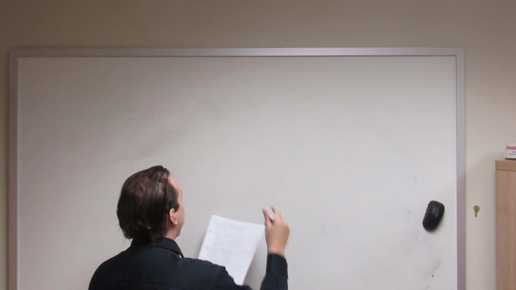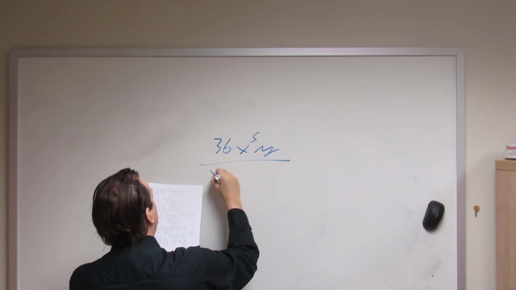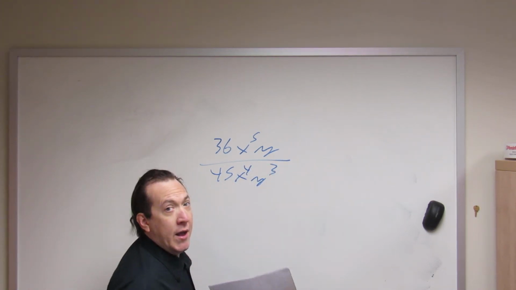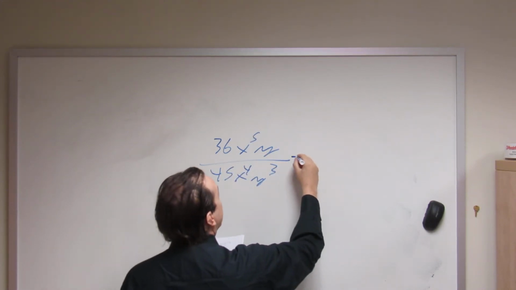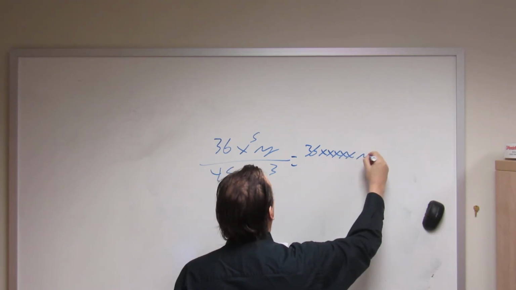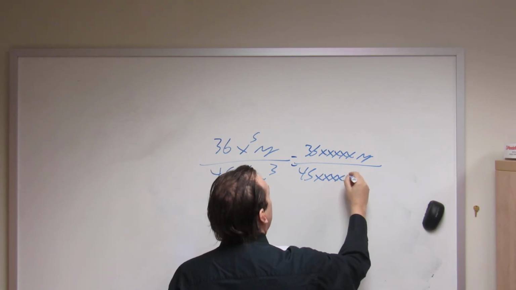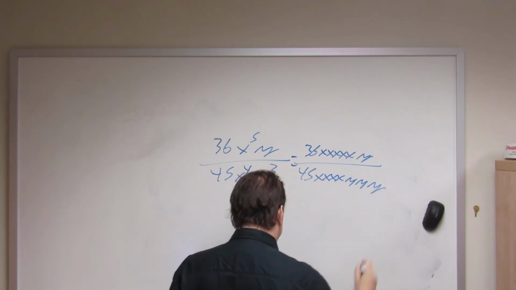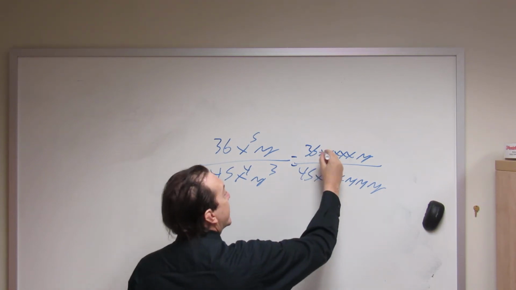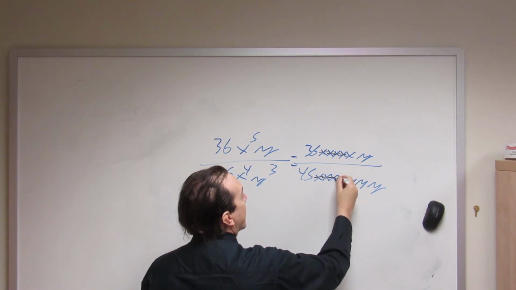Then let's say we have 36 x to the 5 y over 45 x to the 4 y to the 3. An easy way to do this is just break this up. 36, and we have 5 x's and 1 y. Here we have 45, 4 x's, 3 y's. And then just cancel what you can. We cancel four x's.